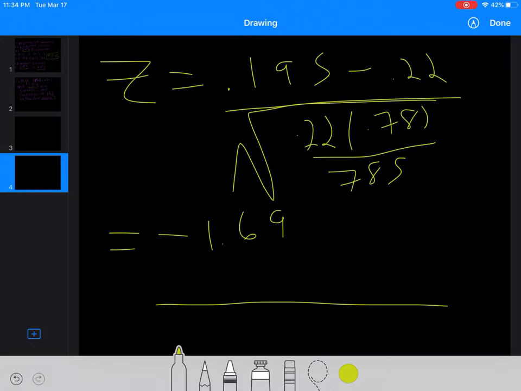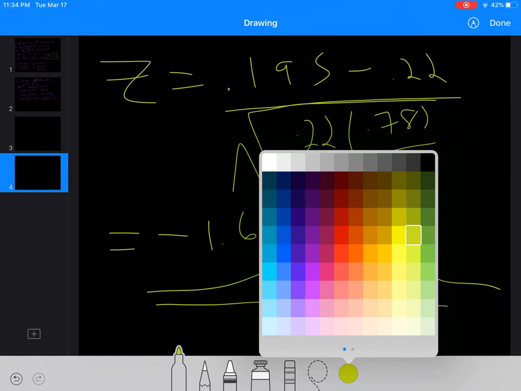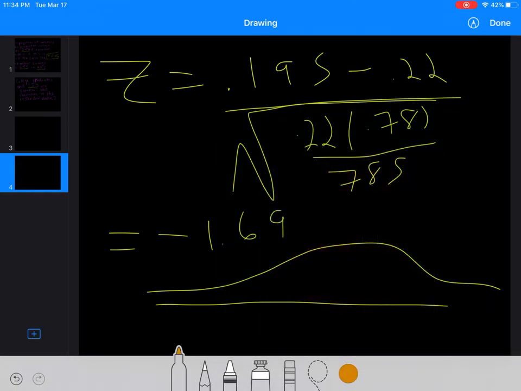All right, let's use a different color now. Okay, let's try that one. All right, so we have a two-sided test here. So we have 2 values for our area. Now, what we want to do here is find the z-score area on the left side.